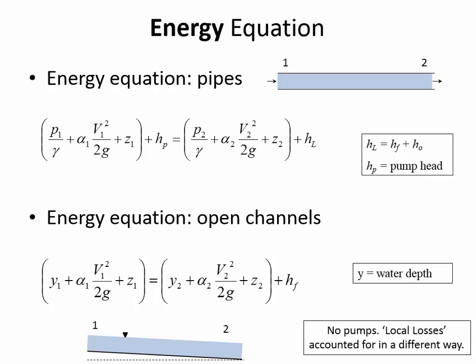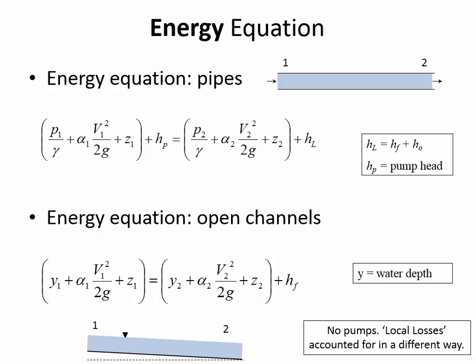And what kind of a local loss am I talking about? Well, let's say water was flowing like this. This is a top view. If the channel got wider all of a sudden, then there might be some local losses associated with that.